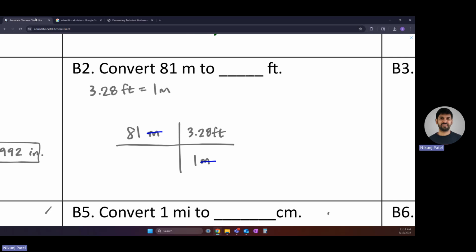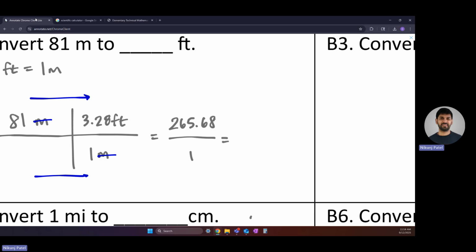Now we end up with 81 times 3.28 across the top, and we'll have a 1 in the denominator. When you multiply across the top, you should get 265.68 over 1. That doesn't need further simplification, so that's just going to be 265.68 feet.